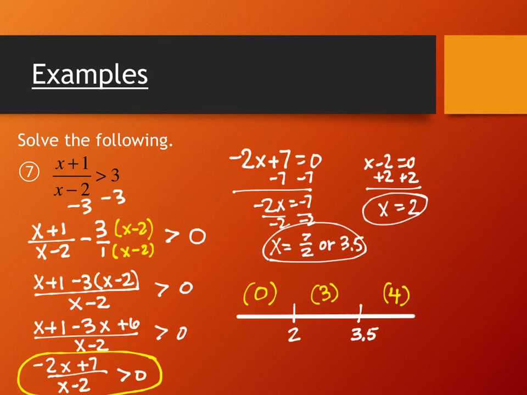So if I put in 0, I would have negative 2 times 0 plus 7 over 0 plus 2. So I end up with 7 over 2. That's a positive over a positive, which gives me a positive. Now we're going to try the number 3.